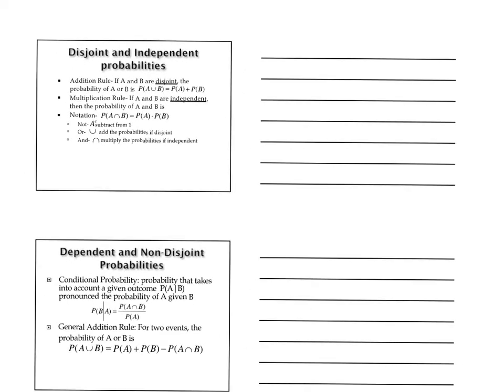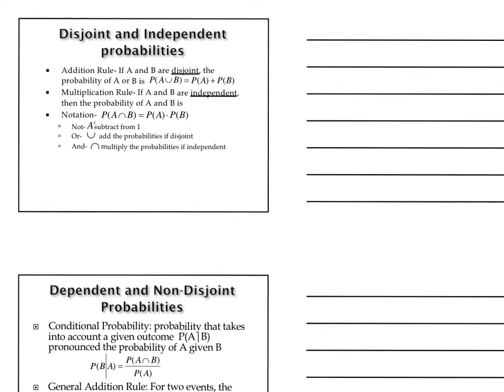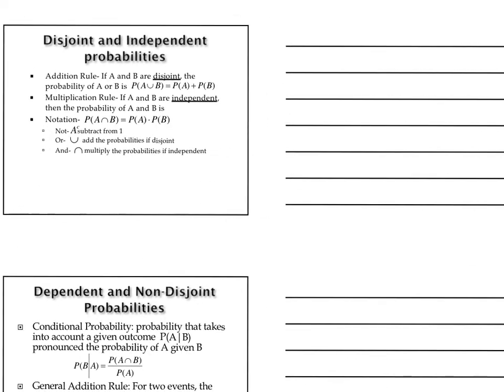When probabilities were disjoint, we could just add them together if we wanted to know a probability. So let's make sure we write down that word. Mutually exclusive is the same as disjoint.